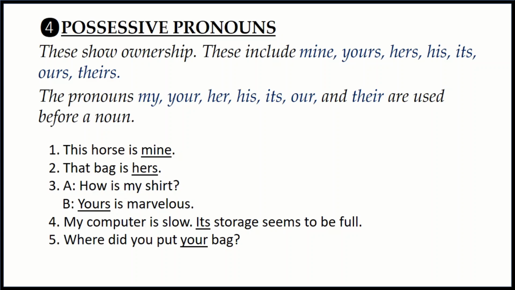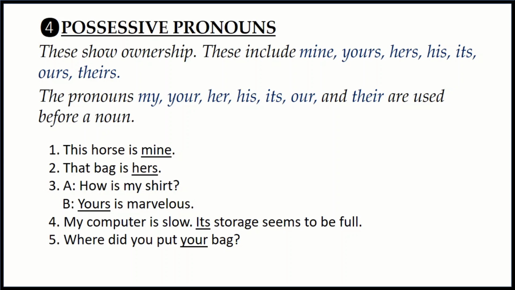Let's see some examples. This horse is mine. So it's a possessive. It shows ownership. That bag is hers. So hers is also right. Let's say that there is a person who says, how is my shirt? He's asking about his shirt, how is my shirt? And the second person says, yours is marvelous.